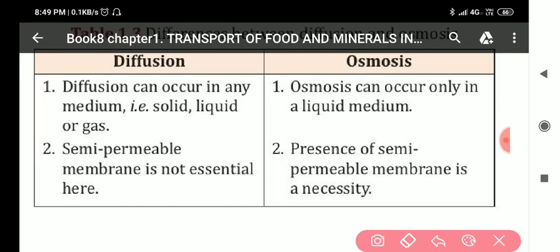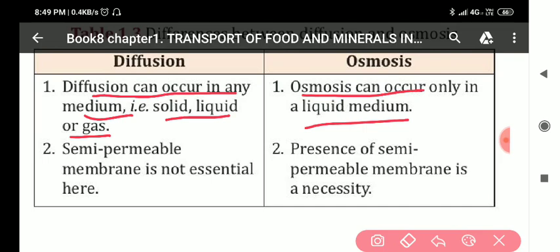First point, diffusion can occur in any medium, whether solid, liquid or gas. Osmosis can occur only in liquid medium.